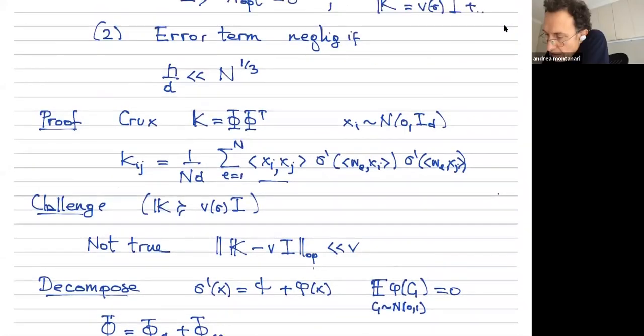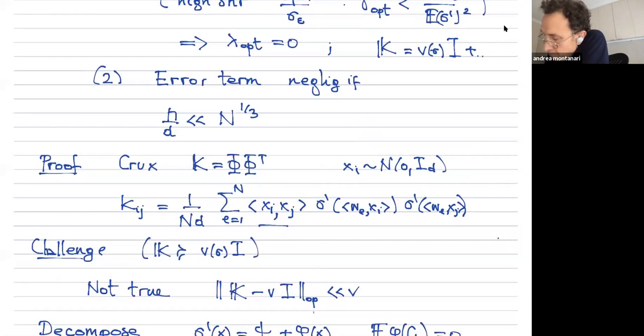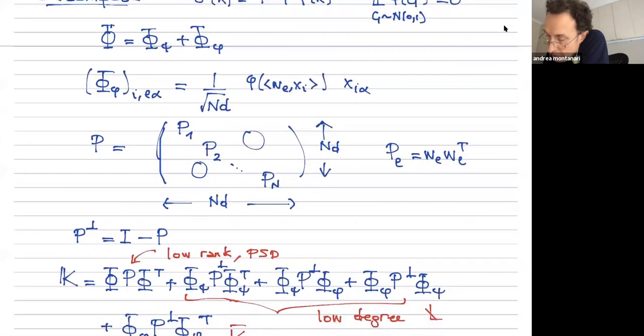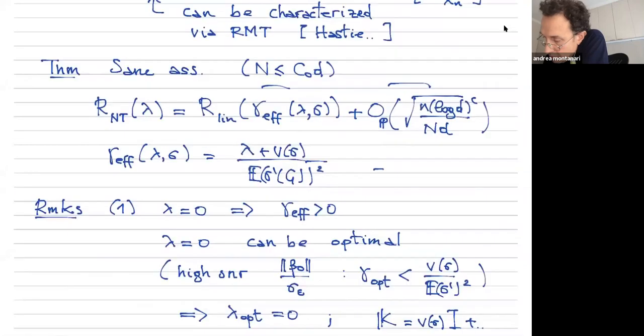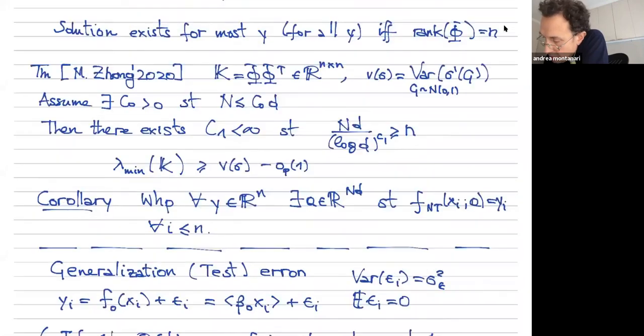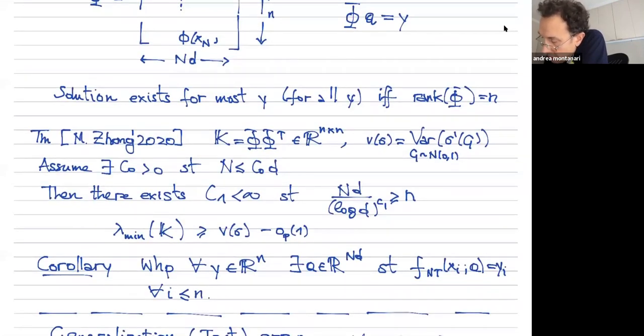Well, let's see, where did I write the theorem? If you look at this theorem, what is crucial here, what is this implicit regularization, is basically this V of sigma term, and this is the variance of sigma prime. So this is always positive.